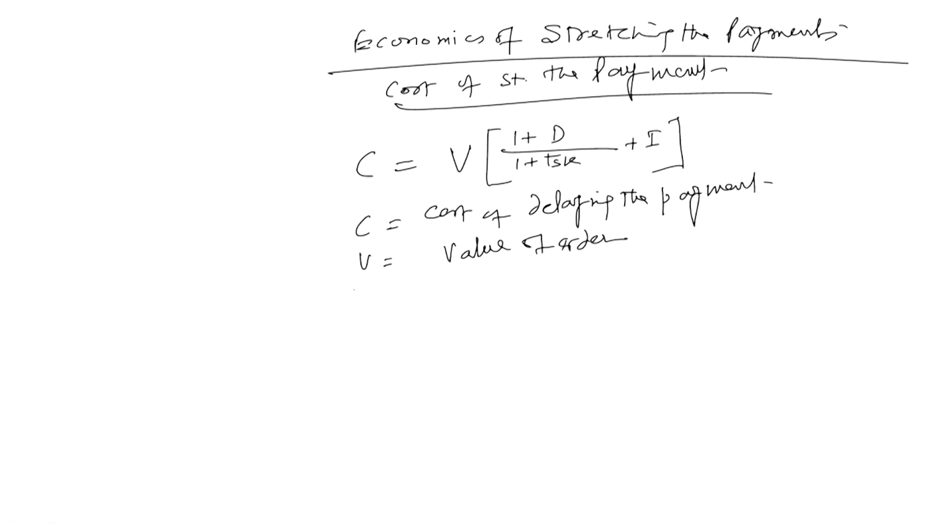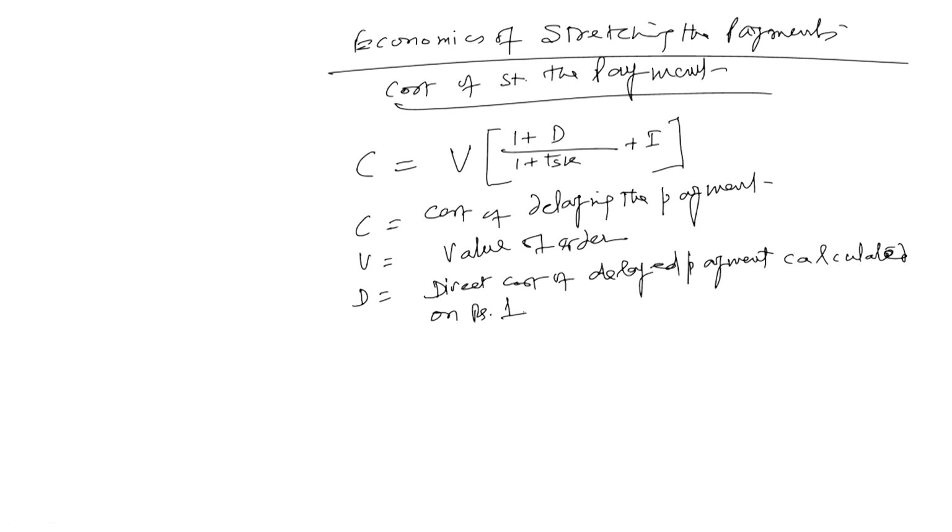This is V. D is the direct cost of delayed payment, calculated on rupee 1, on each rupee of the order.